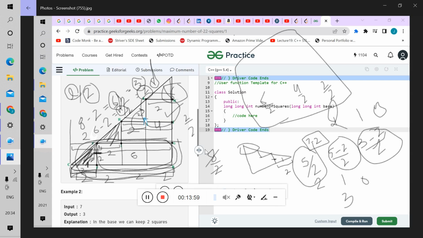But I have already explained that I cannot use all the available length, so I have to decrement 2 here first, right? Base upon 2 basically indicates how many squares are possible if I don't have a triangle, if I have a whole sheet like a rectangle.